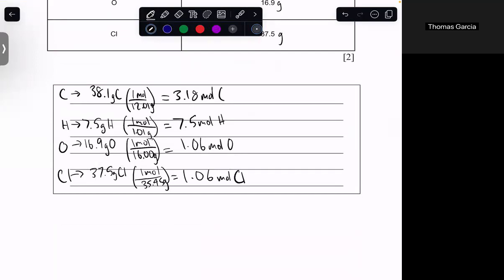With an empirical formula, we are just trying to find the ratio between our moles, because that molar ratio is going to be our subscripts.